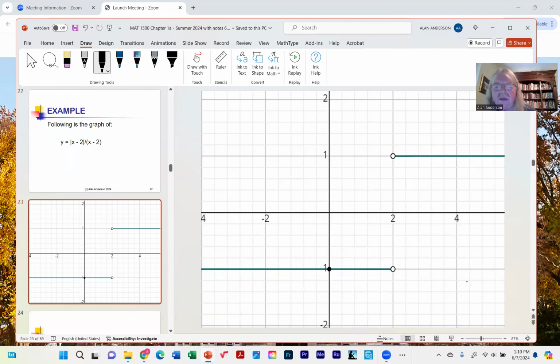So as x approaches 2 from the left, f of x is approaching -1. And up here, as x is approaching 2 from the right, f of x is approaching +1, and so they're different.